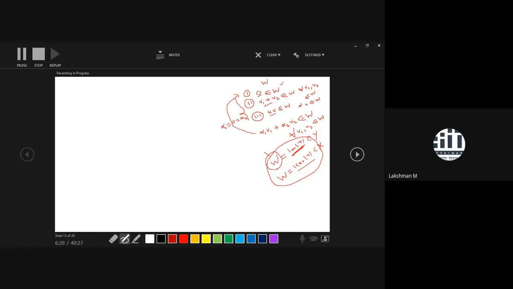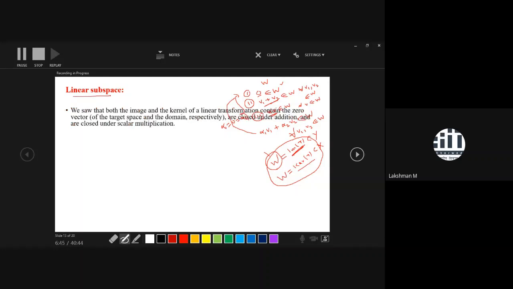Then W must be closed with respect to addition. That means if you take any two elements from W, the sum must be in W itself, and W must be closed with respect to scalar multiplication. So these are the properties of a linear subspace. It is a very generalized word, generalized from image and kernel. I had already written those things here in detail.